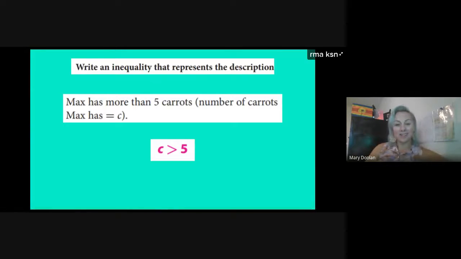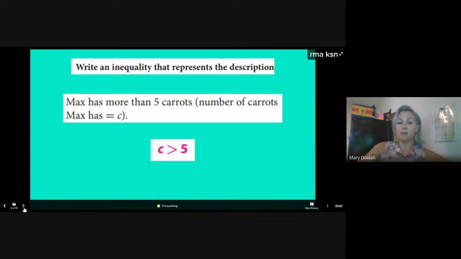Now, if I don't know if I set that up correctly, I can think about a number that would make sense in this situation. Max has more than 5 carrots, so would it make sense that he has 10 carrots? Yes. If I put a 10 where the C is, 10 is greater than 5, that makes sense, the alligator mouth is trying to eat the larger number. If I chose a number that didn't make sense, like 1, 1 is not more than 5. I've put 1 there. That's a false statement. So the way it's set up right now is correct.